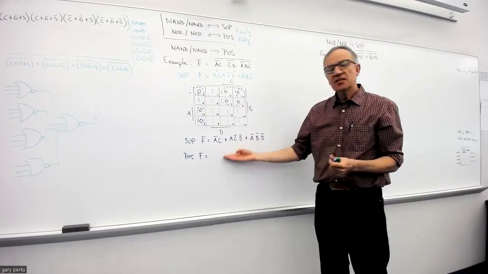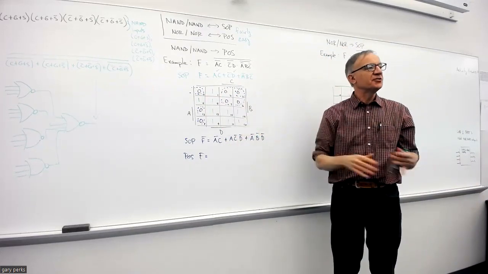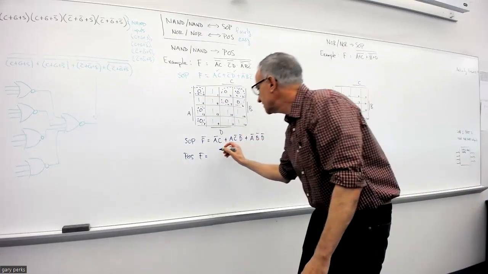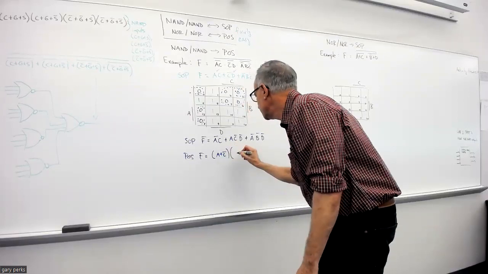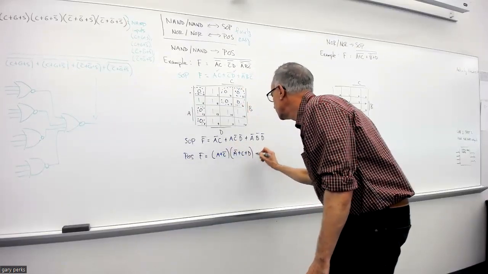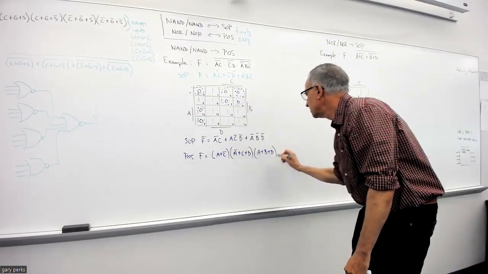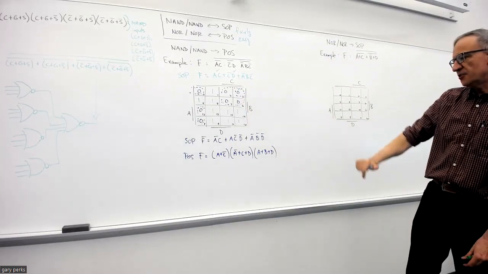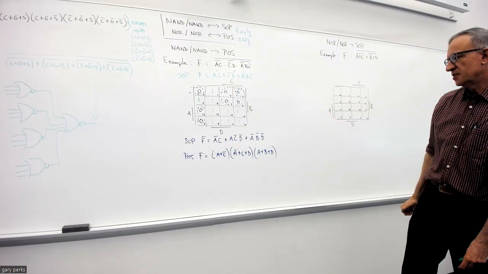Okay, but then we're doing De Morgan's twice, so you're inverting everything, ands the ors, ors the ands, right? So this is going to be A ORed with not C. Again, if I make a mistake, correct me. Like that, right? So did I invert everything and ands the ors and ors the ands?